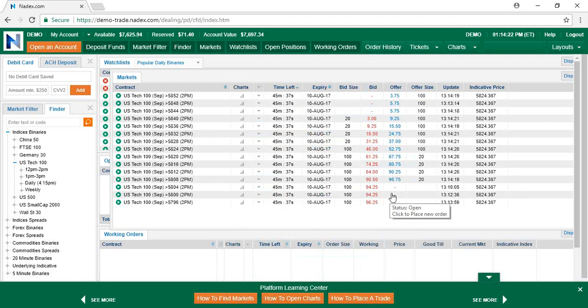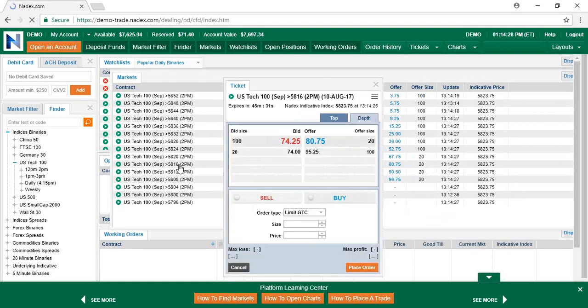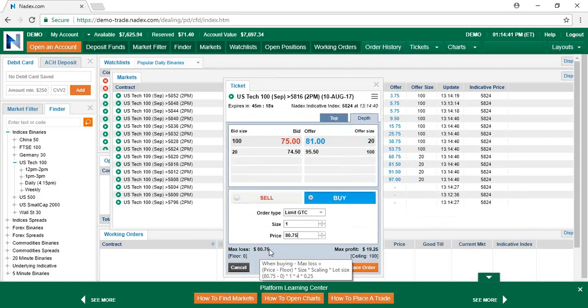Okay? So, real quick question here. Let's just say, for example, that we were going to take this binary, this one right here, and let's just say that we were going to buy one for $80. At expiration, what's the most this binary could be worth? $150, $200?